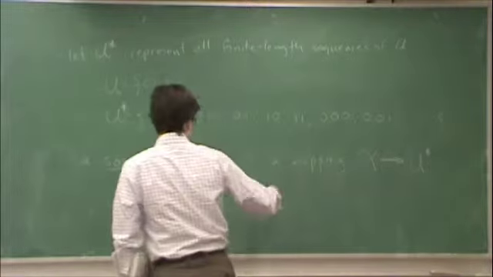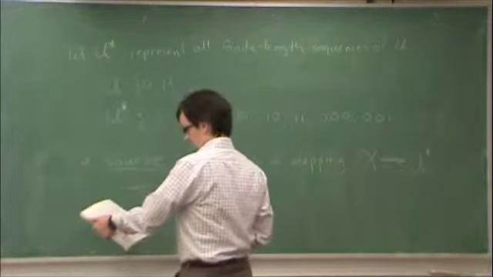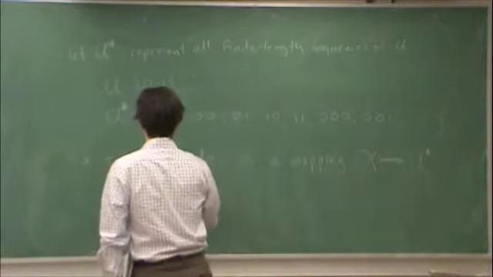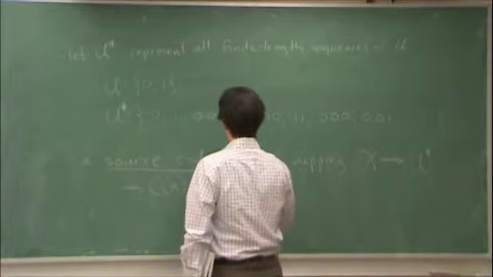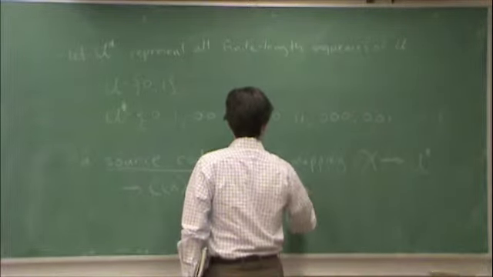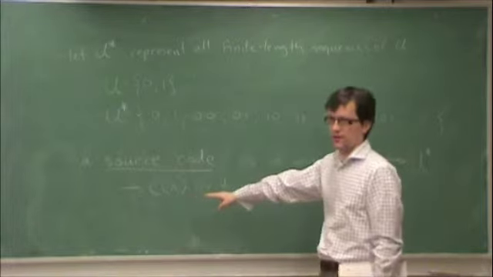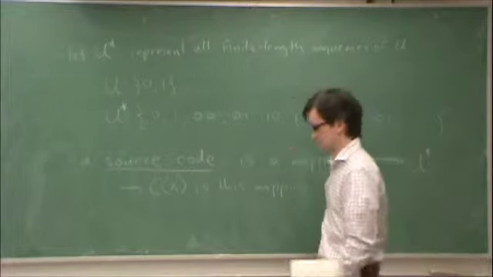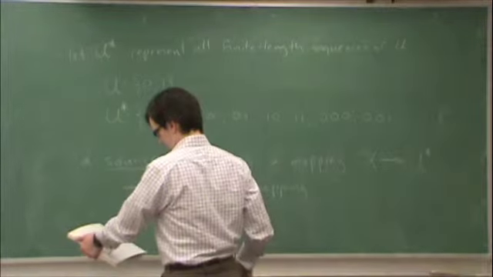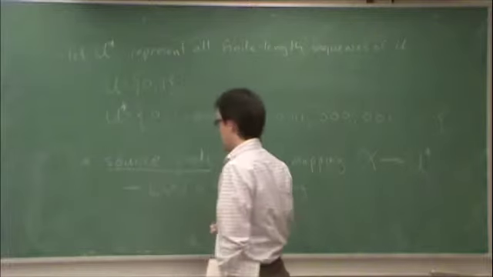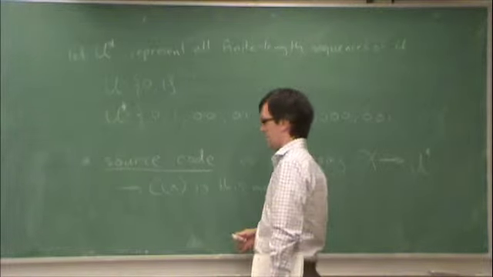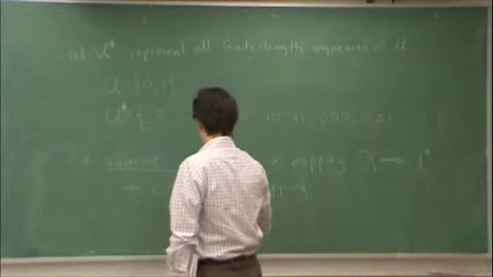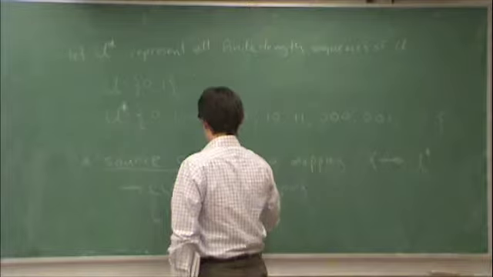Okay, so this function, this mapping, we will give it a functional representation: C of X is this mapping. In other words, if I have an outcome of the random variable X, then C of X gives me the corresponding string in U star. And sometimes we would write the mapping notation like this: C is a function from X to U star.